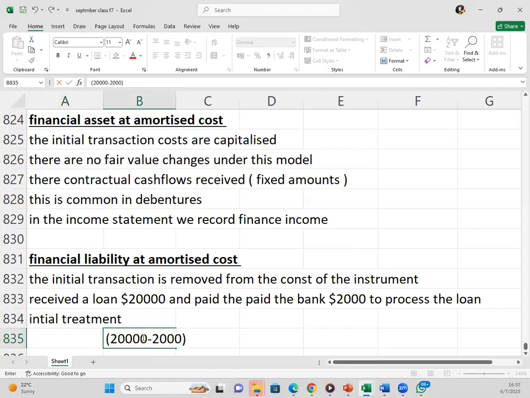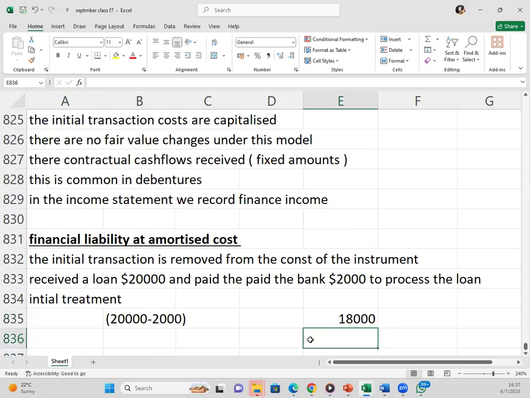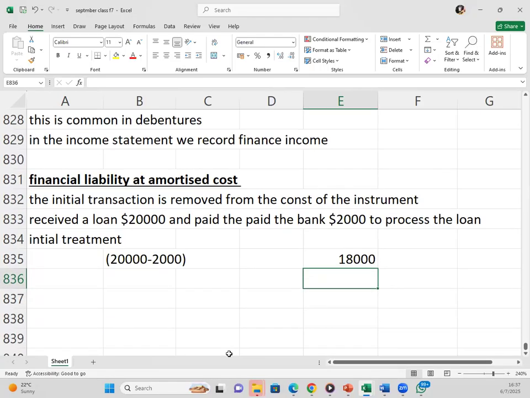So for a financial liability, 20,000 is what we receive, but 2,000 we paid back as charges. So the amount you initially record is 18,000. So if it's a financial liability, you less transaction costs.